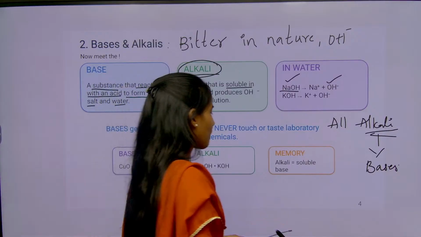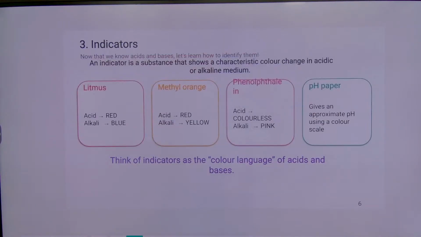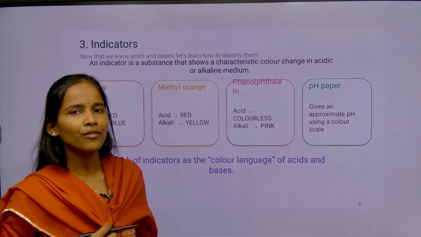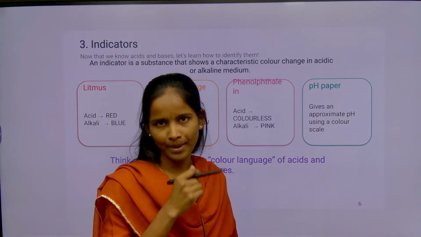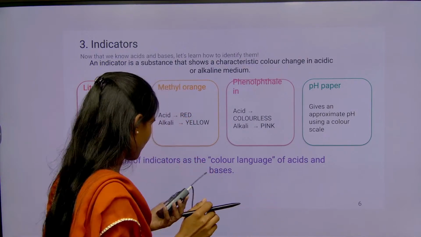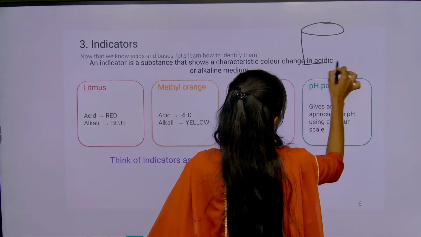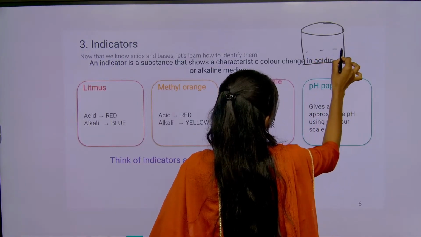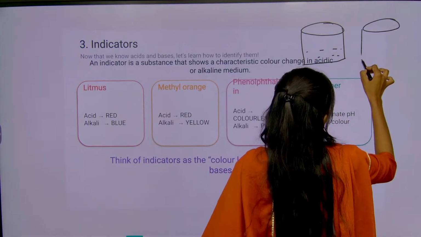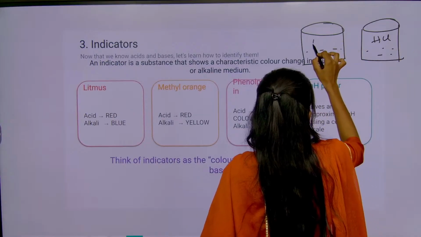So, next topic. Now we know what is acid and what is base. For example, assume I give you two beakers, one containing hydrochloric acid and the other containing NaOH solution.